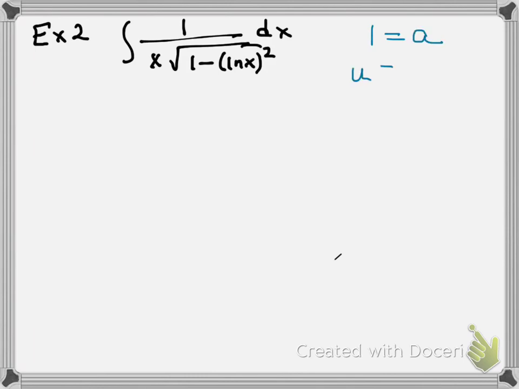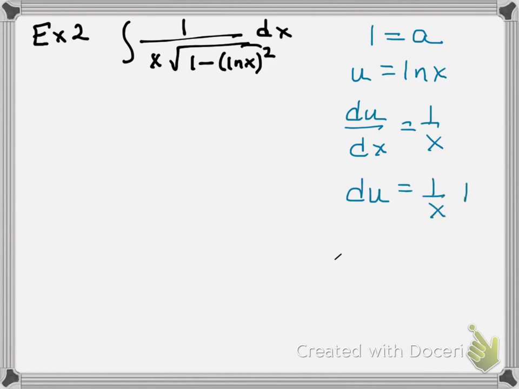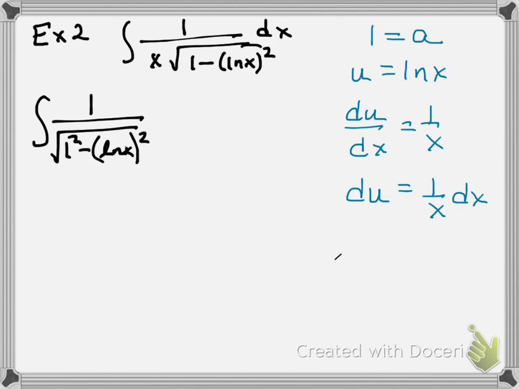My u, let's say that u is ln x. That means the derivative of u with respect to x would be 1 over x, if you remember the derivative of ln. And so now du would equal 1 over x dx. So if I rewrite this as 1 over the square root of 1 squared minus ln of x squared, and then 1 over x dx.